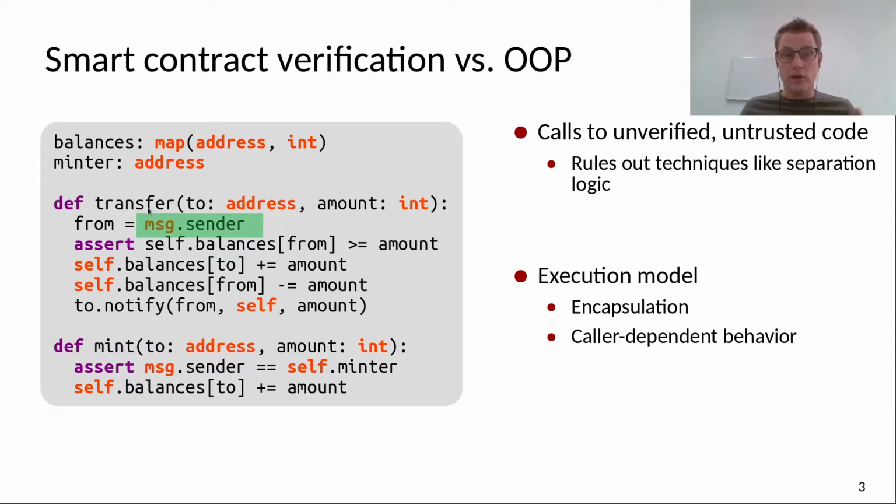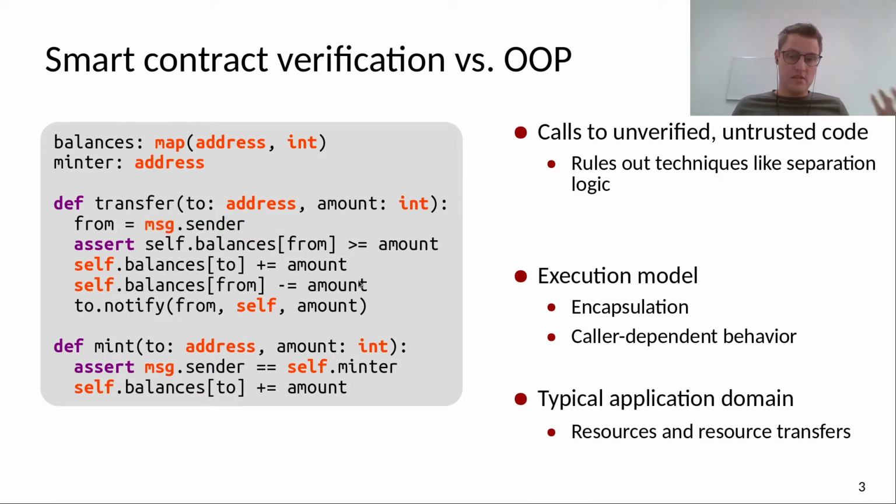And so, for example, the transfer function uses this to always transfer tokens away from the caller to someone else. And finally, whereas standard object-oriented programs can be used for anything, smart contracts typically are used for modeling something like actual contracts, so in particular resources and resource transfers, like our example here, which models its own currency.